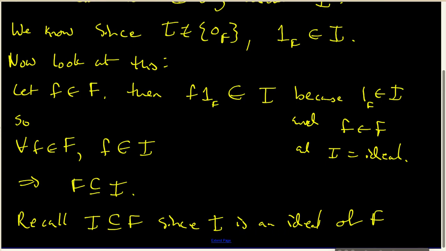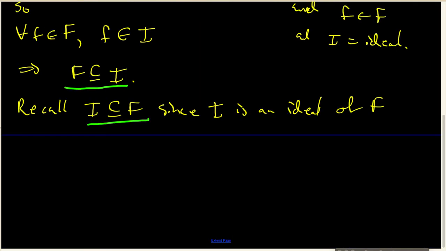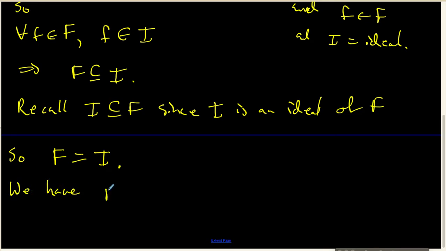So let's look at what we've got. We've got F as a subset of I, and I as a subset of F. Well, those two things together say that we can conclude that F and I are equal to each other. In other words, what we've shown is this theorem. So we have now proved this theorem.